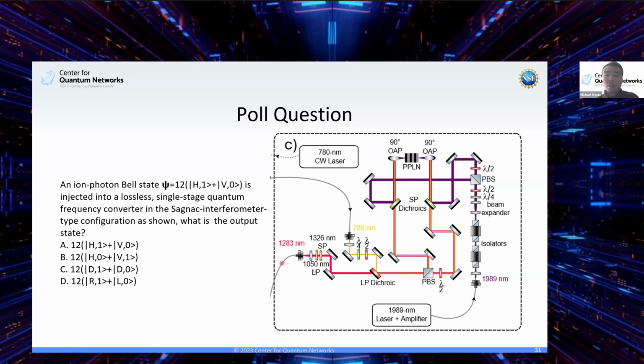So with that, what do you think will happen to the entangled state after one stage of this? Yes, so the answer is B, that the entanglement will be flipped. Because H that was entangled with 1 here becomes V, but it's still the one that's entangled with 1.